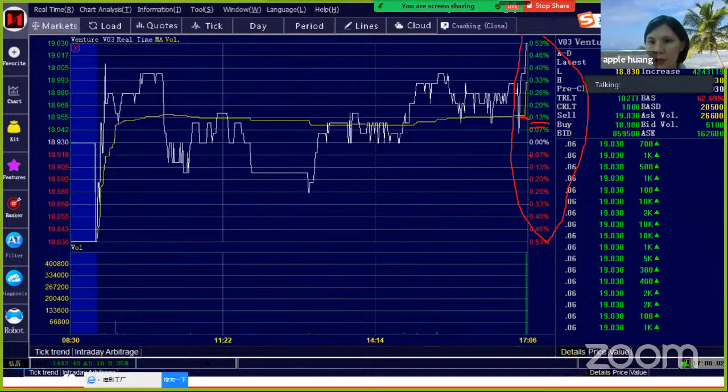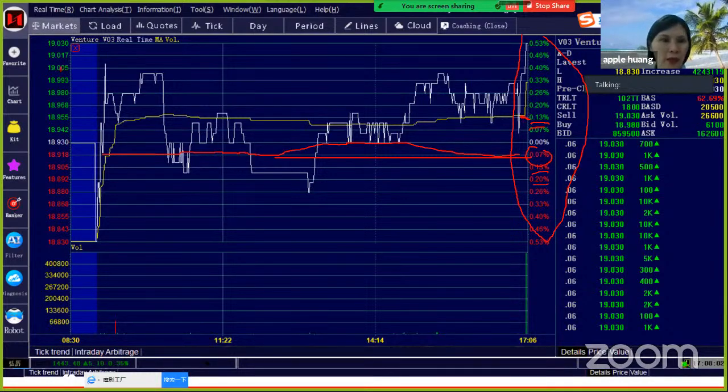But if it comes to here, my drawing is so poor, come to here, then it goes down by 0.07% compared to yesterday's closing price. So from here, you will know very fast how many percent it moves up or down.